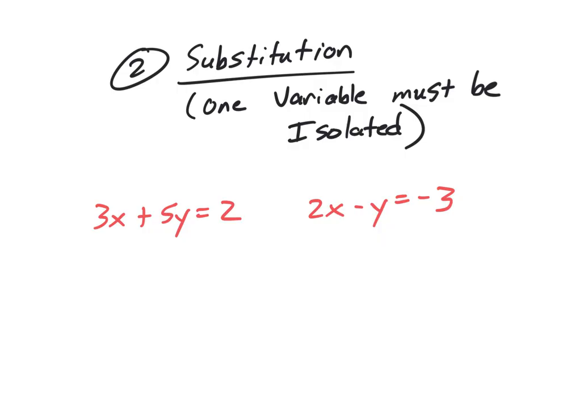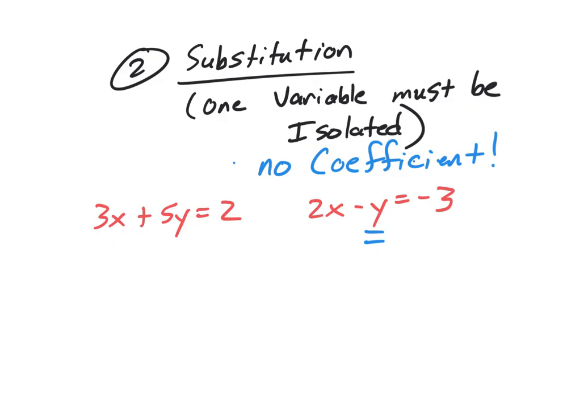When we look at substitution here, we want to choose the one that does not have a coefficient. The one that does not have a coefficient here is the y. It means it doesn't have a number in front. This x has a 3.